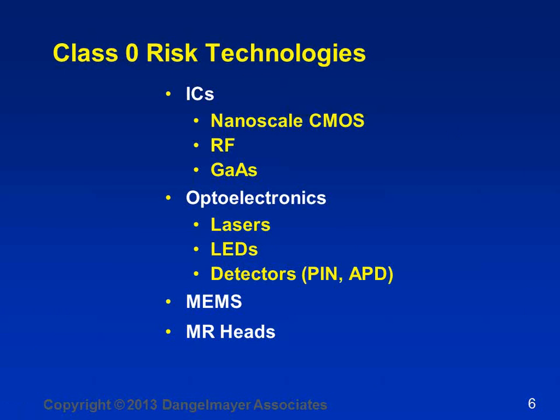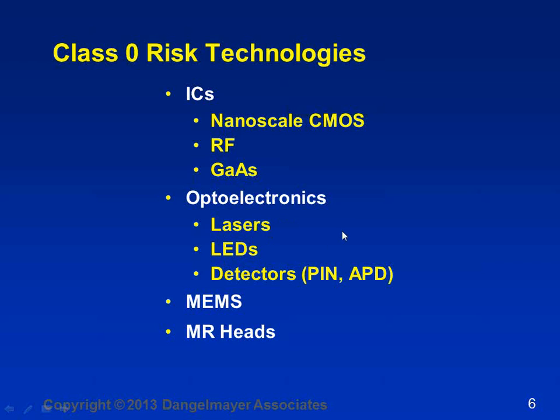Here is a list. This is slide 6. Here is a list of devices that are more prone to class 0 sensitivities. Of particular interest is the optoelectronics. They are much more prone to latent failure than some of the other technologies.